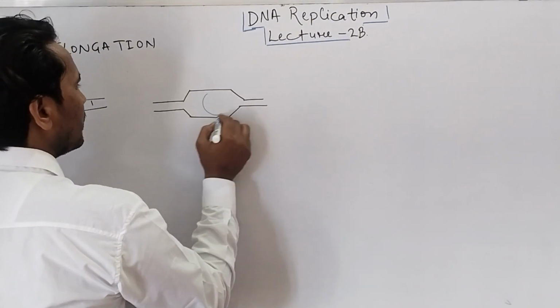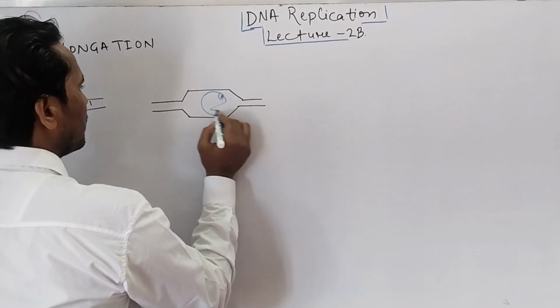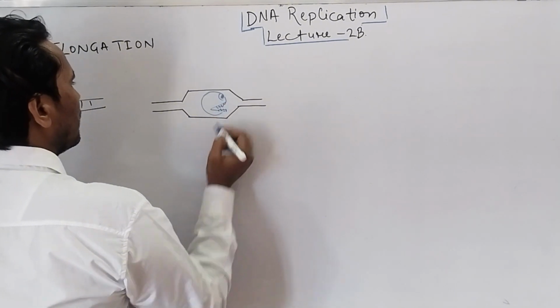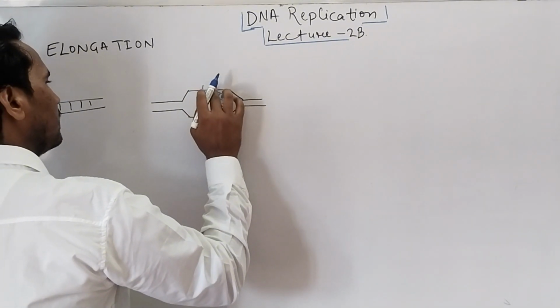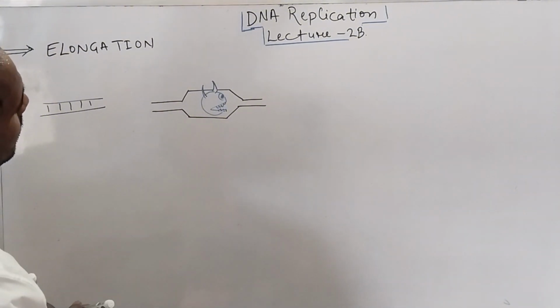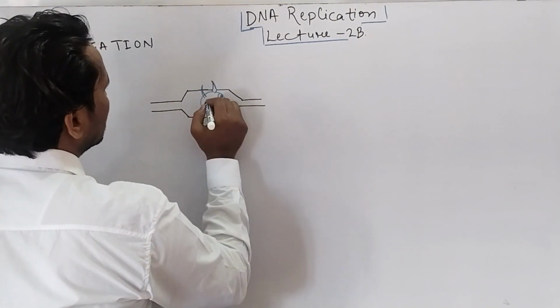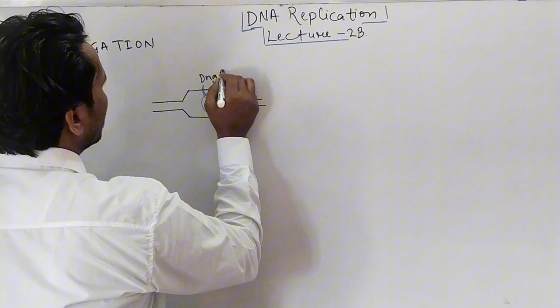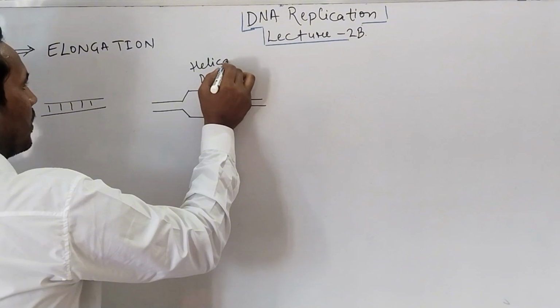Let me draw with a table type of diagram. Now this is DnaB. It is a helicase enzyme.